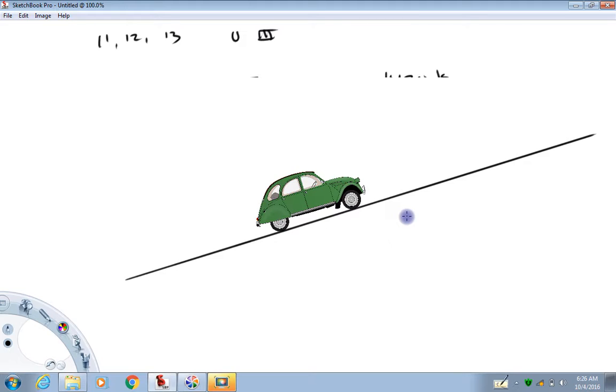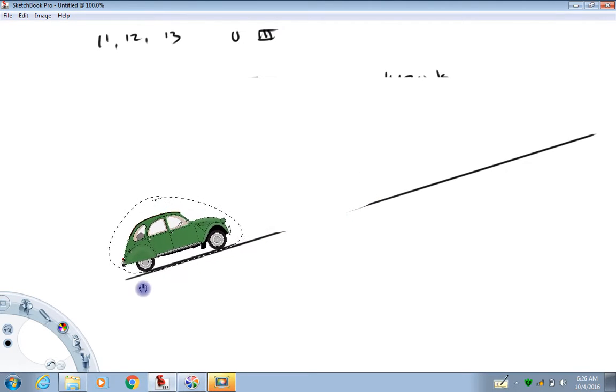And it says the top of the hill is 31 meters higher than the bottom. So, get a couple more pictures of this car. First of all, let's put our picture at the bottom of the hill.